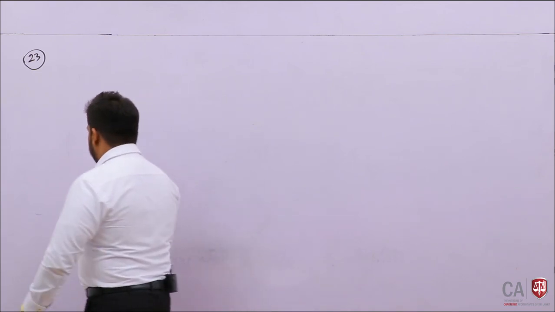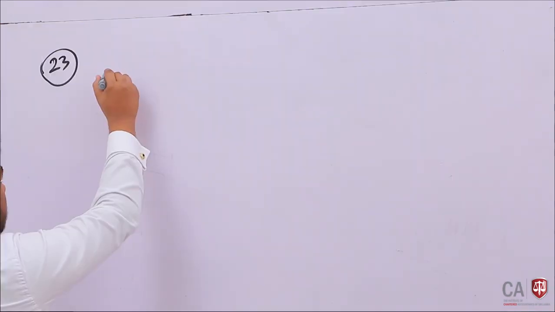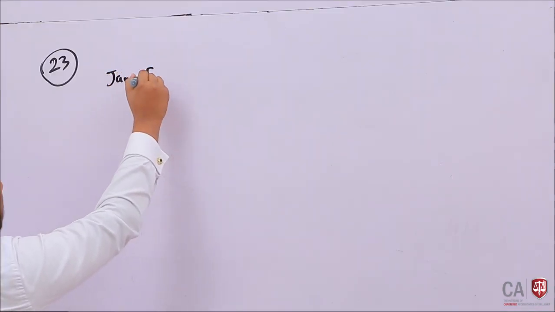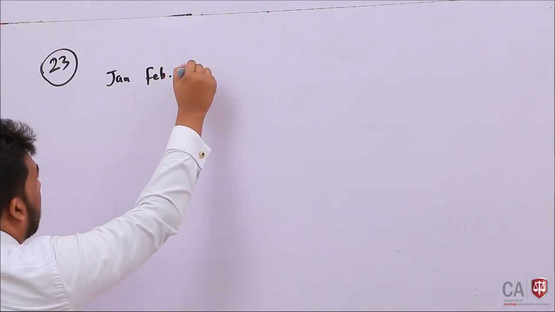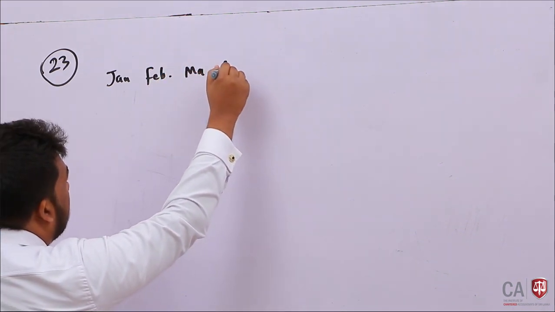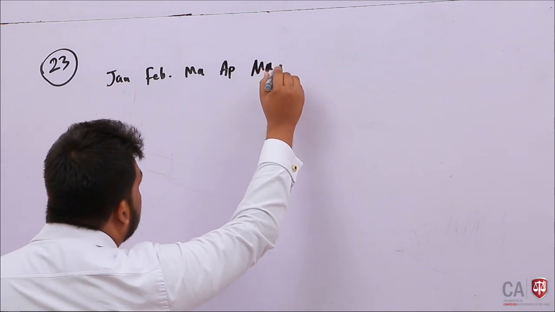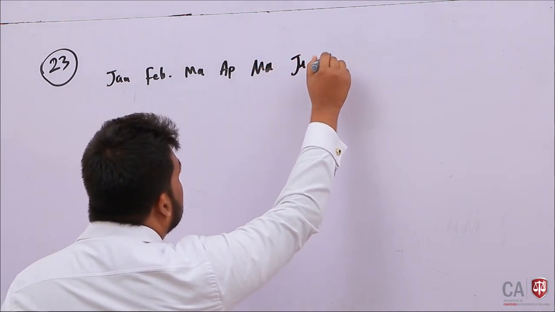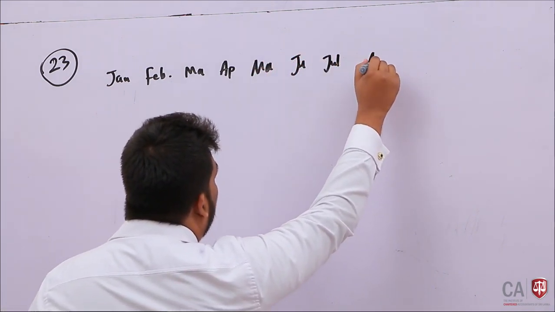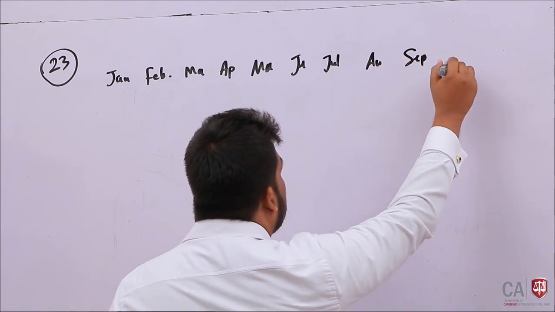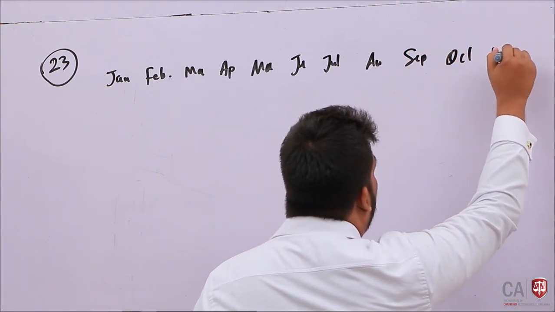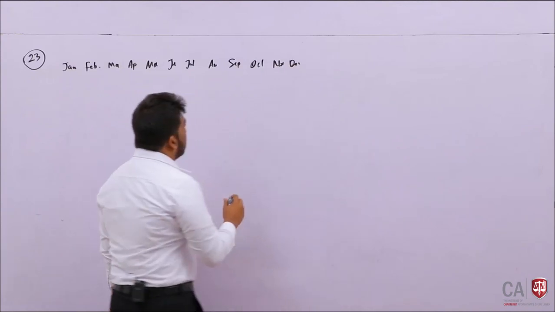Before doing this, I will tell you this. I will put all the months: January, February, March, April, May, June, July, August, September, October, November, December.